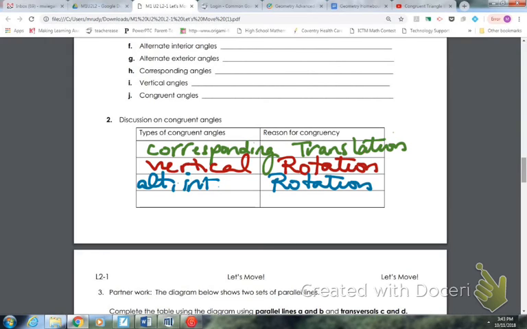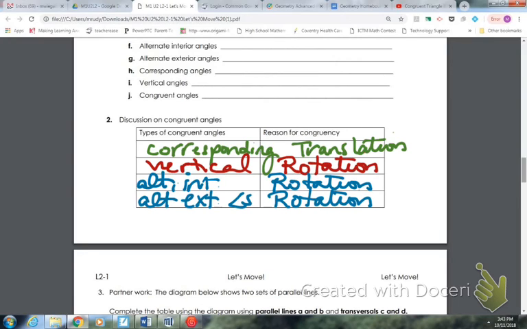It's going to be about 180 degrees, and the center of rotation is probably located midway between those two parallel lines. The last pair of angles that are congruent are your alternate exterior angles. Alternate exterior angles are also congruent, and my main reason for that is a rotation as well.